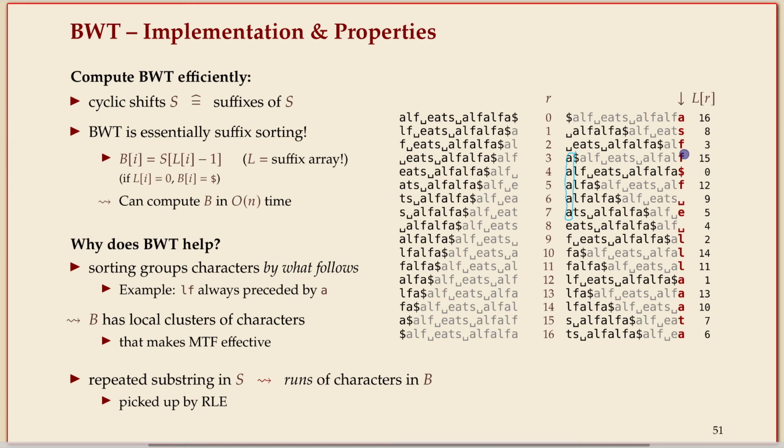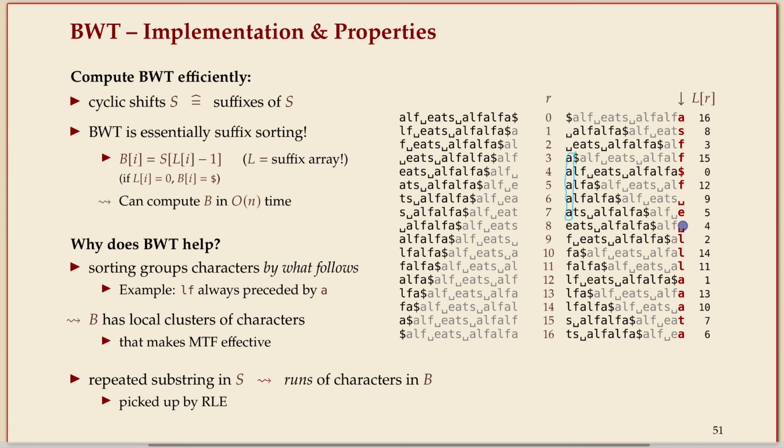And then what is going on in the last column means that this A is what comes before this, what comes after this F. So you have a context A that is fixed, and then you look at, in the BWT, what are the characters that come before this A?